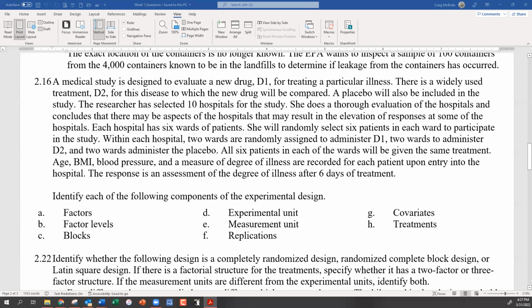But since this medication is just supposed to help people get better for some generic illness, then all we are doing is measuring how sick they are and that degree of illness. And that measurement unit is literally just degree of illness. How you designate that is up to you.